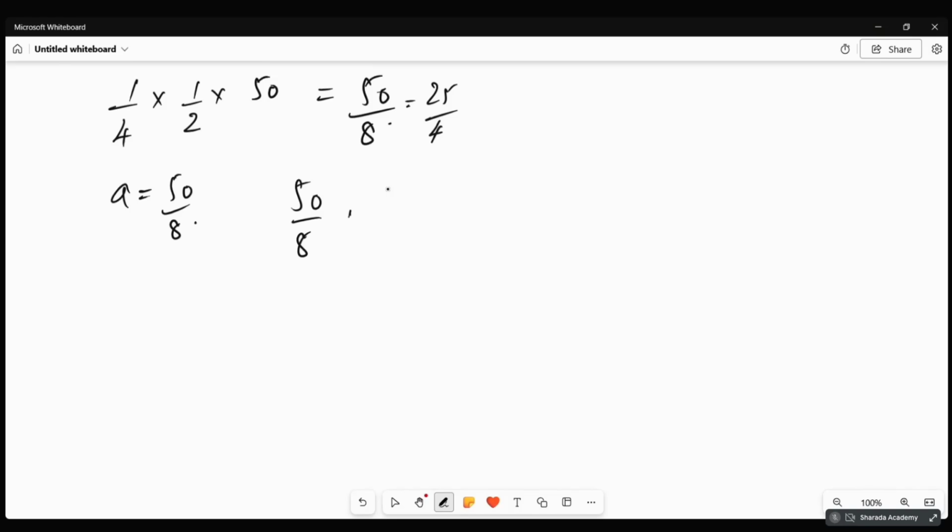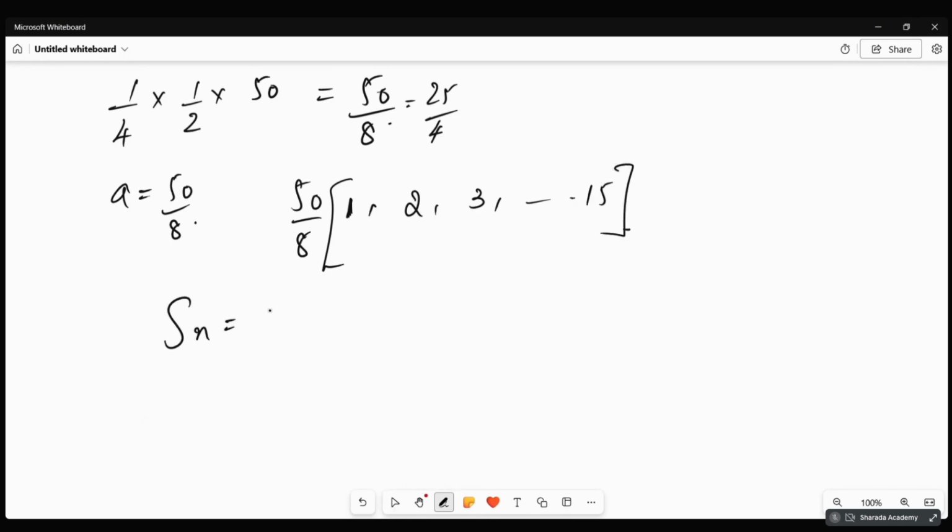Second one will be, if I take this as 1. How much do you have? 15.